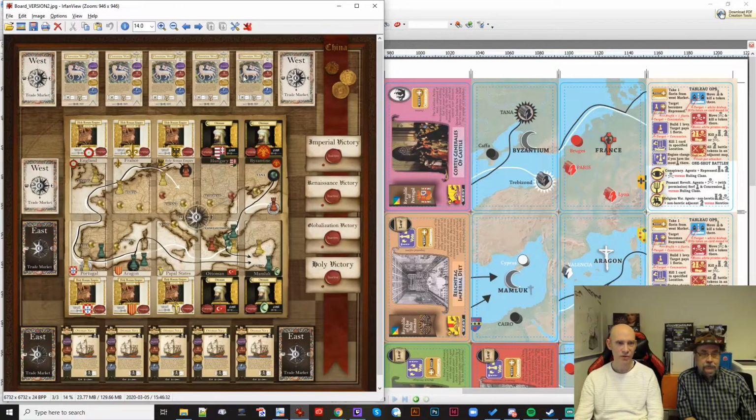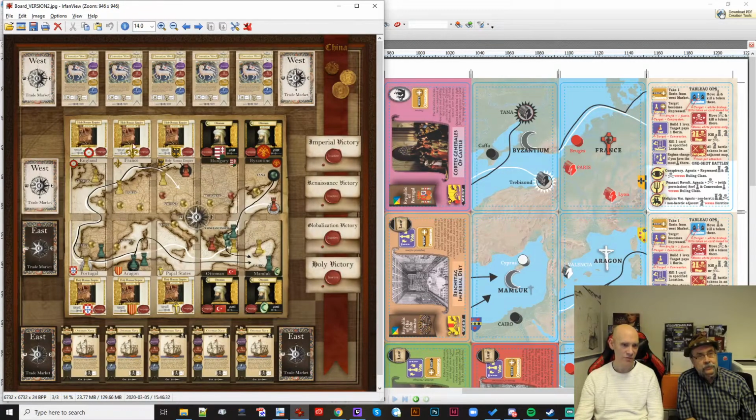And here are the two tracks, or the two market rows. Then you also have East and West, and then you also have the emperors here, which in this version, as we think of it now, have two important differences.